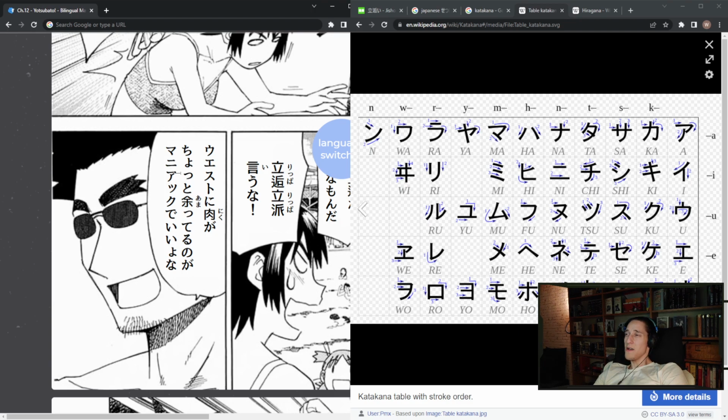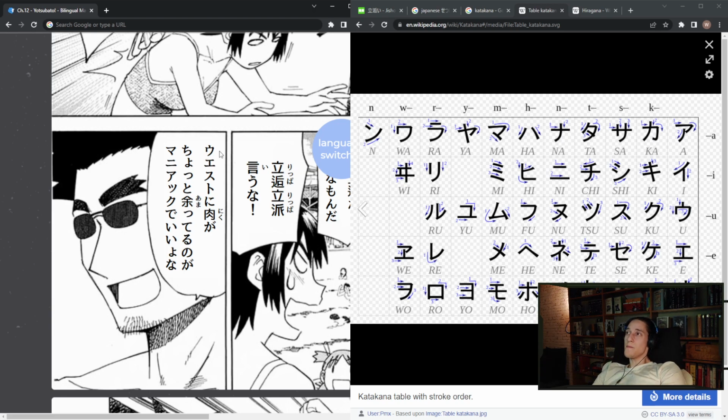Maniaku de iona. Yeah, I've read the translation like 2 days ago, so I know what he says, and I can puzzle it together somehow.